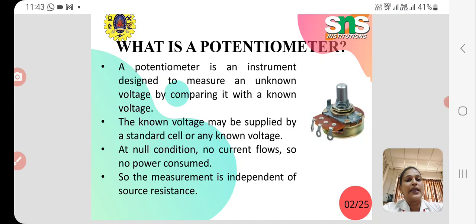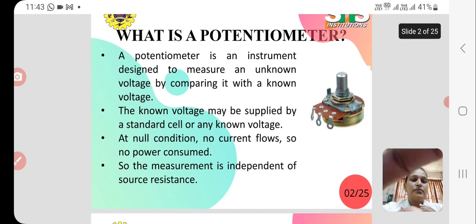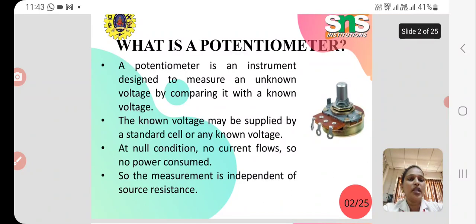So it is like an indirect method of measurement wherein an unknown measurement is compared with a known, already measured value. Here the measurement is voltage. The unknown voltage is compared with a known voltage.